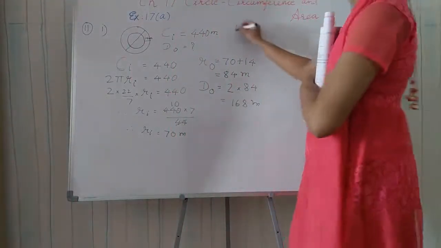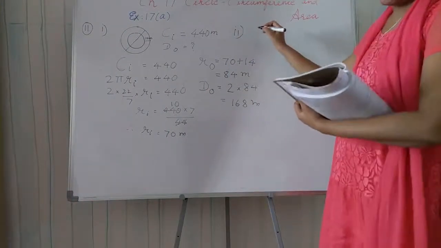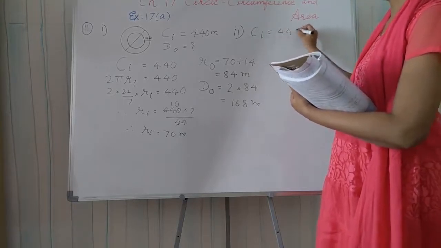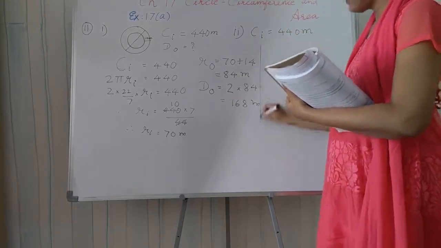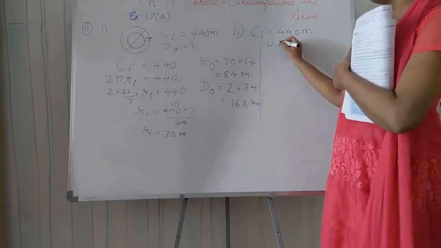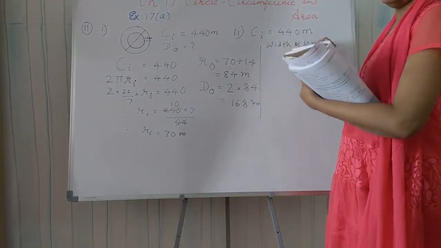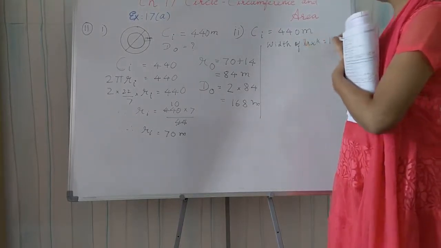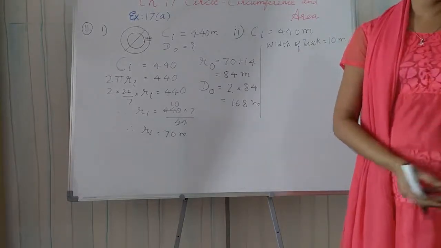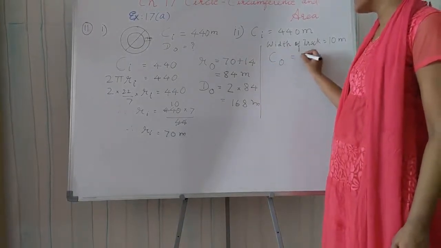In this second part we are given the inner circumference is 440 meter and the width of the track is given as 10 meter here. So, find the length of the outer edge of the track. It means we want to find the outer circumference.